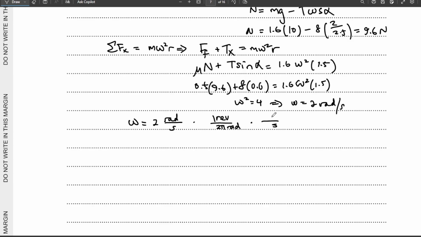Per minute, you will have 60 seconds. So the radians cancel, the seconds cancel, and you're left with revolutions per minute. So it's 60 divided by pi RPM. Yep, and that's the final answer.